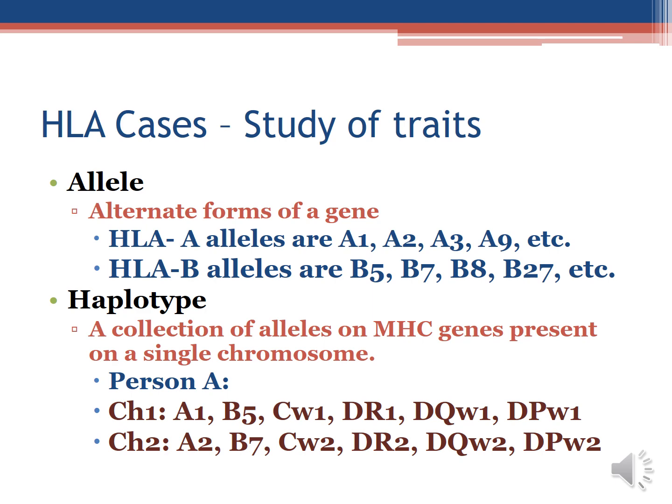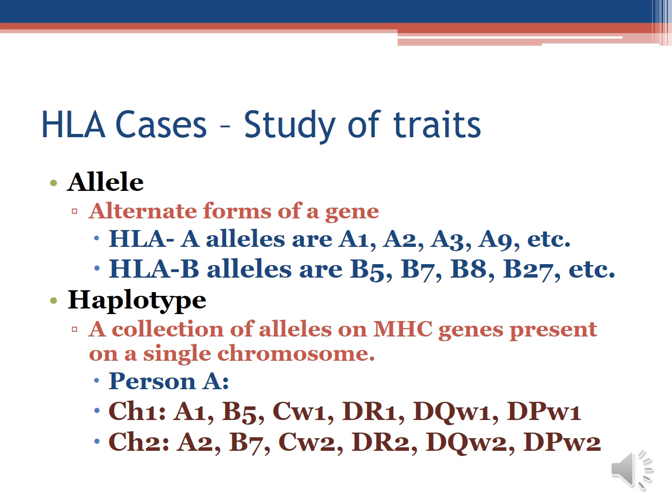Now, our haplotype, remember, is a collection of alleles on the MHC genes present on a single chromosome. So, for instance, person A, on chromosome 1, would have A1, B5, CW1, DR1, DQW1, DPW1. This would be inherited from their mother or father.